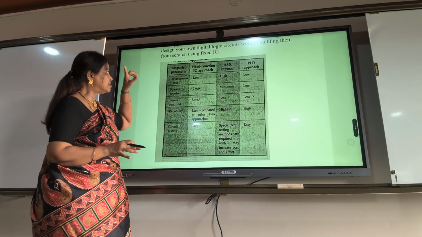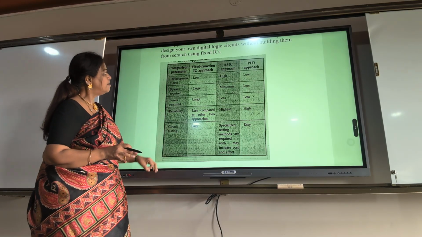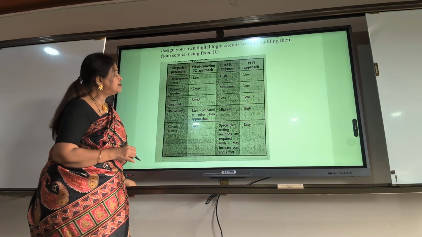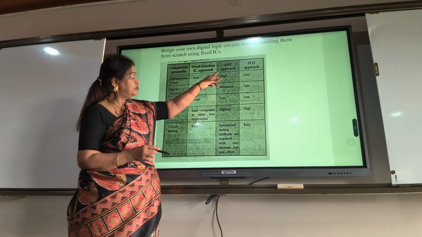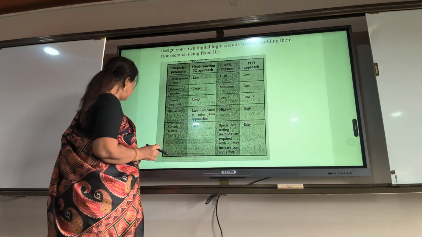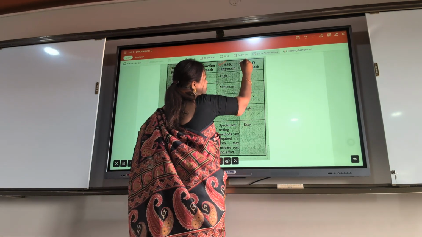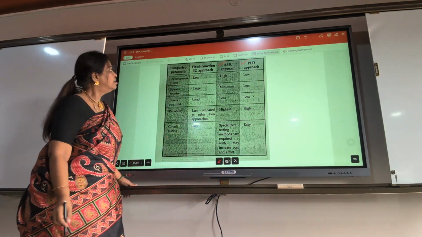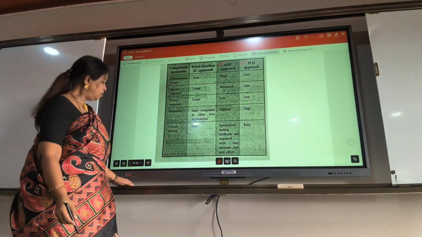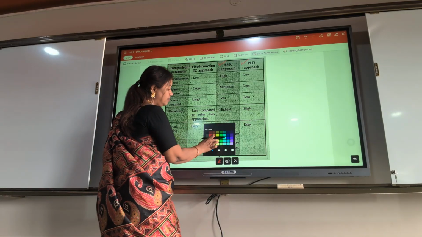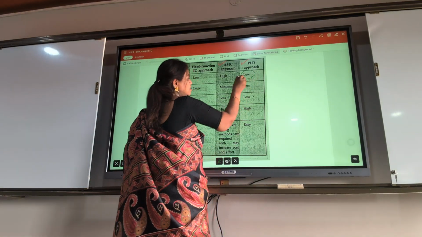Here you have a comparison of these things: development cost, fixed function. I told you about two approaches: one is the ASIC approach, another one is the PLD approach. Development cost will be low in PLDs.